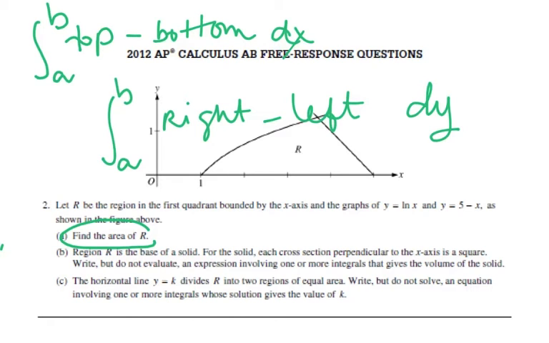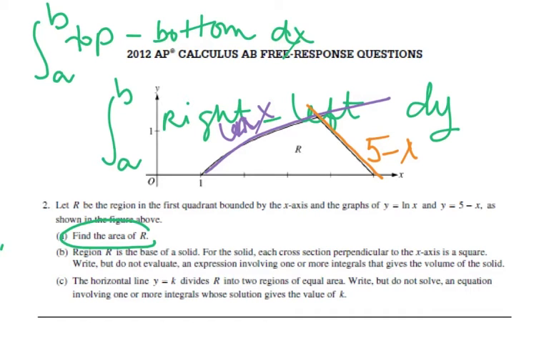So let's look at the given functions that we have. The first one is natural log of x. The right function is 5 minus 5x.